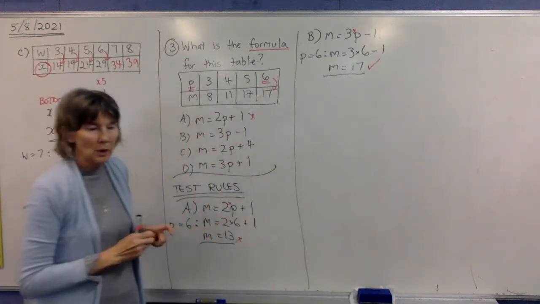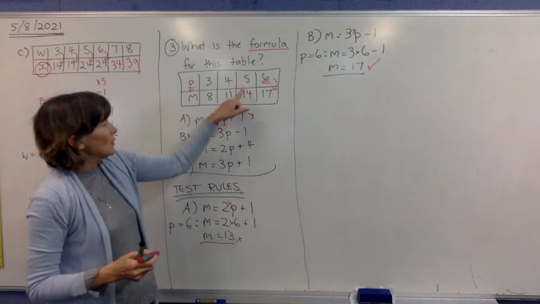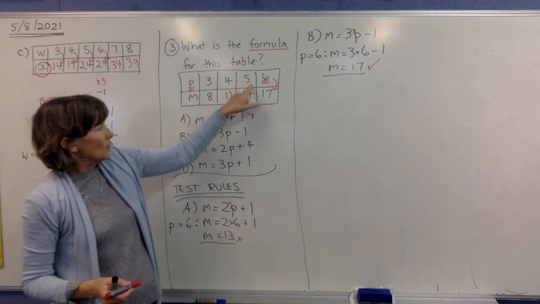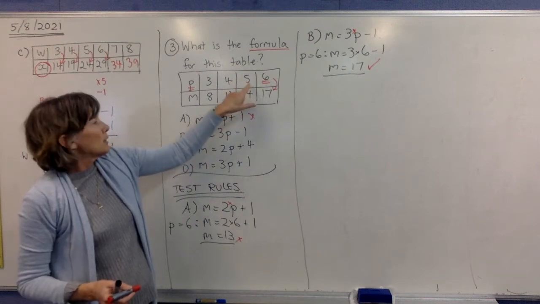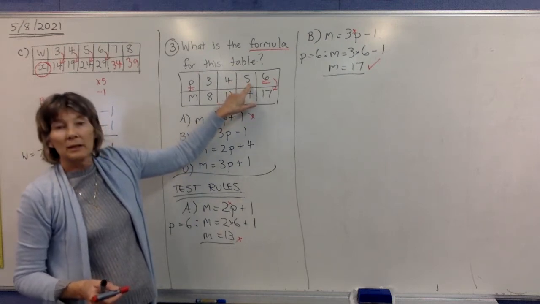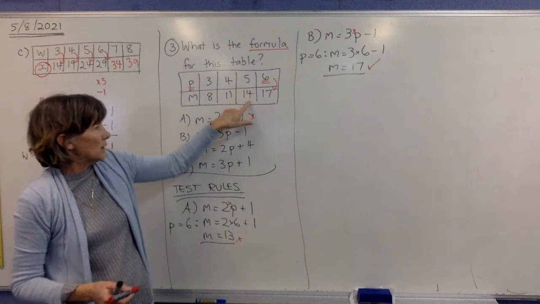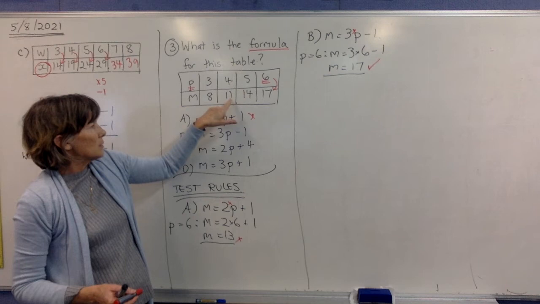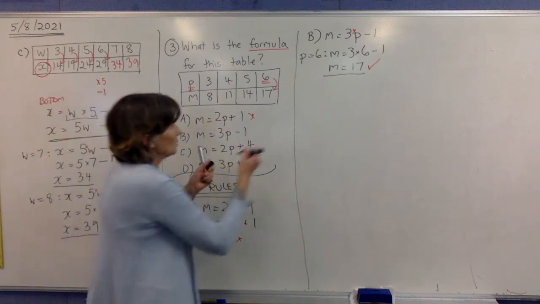So it looks like this one is working. Let's just see if we do it over here. So we're going 3 times 5 minus 1. 3 times 5 is 15, minus 1 is 14. It's working. 3 times 4 is 12, minus 1 is 11. So it looks like it's working.